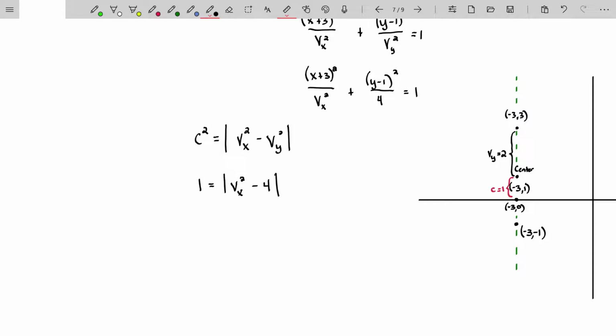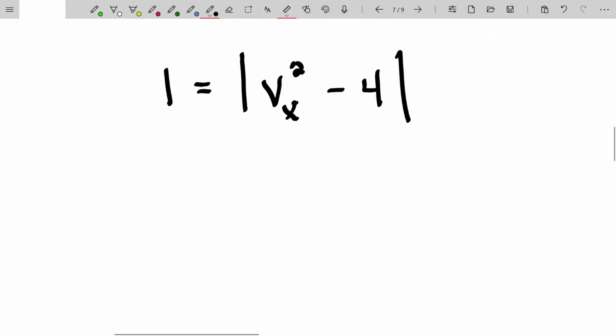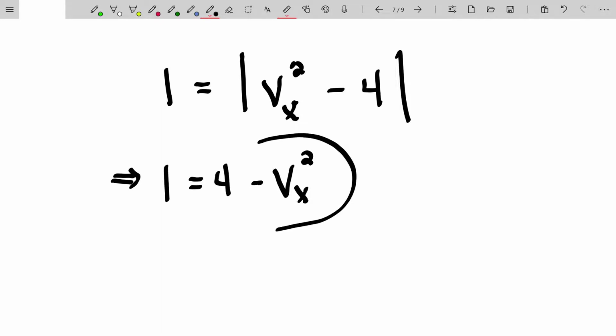And because our major axis is vertical, vᵧ is going to be greater than vₓ. So when I remove the absolute values, I'll write it in the opposite order: 1 is equal to 4 minus vₓ². A good way to think about it is, if you write it without the absolute values, the very first number corresponds with the major axis, which is the vertical axis.